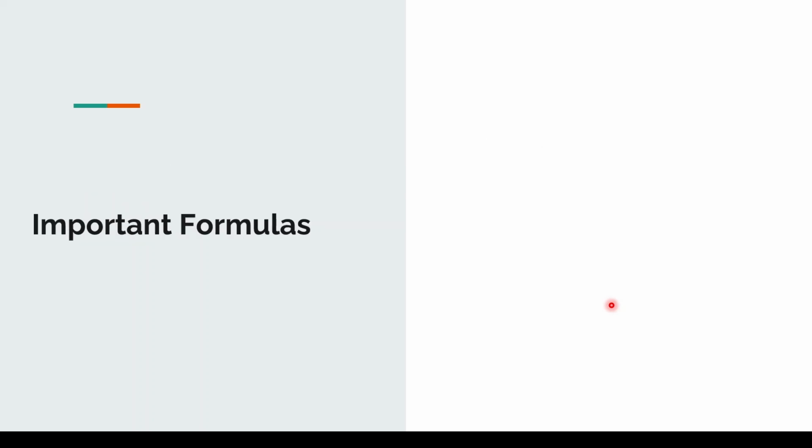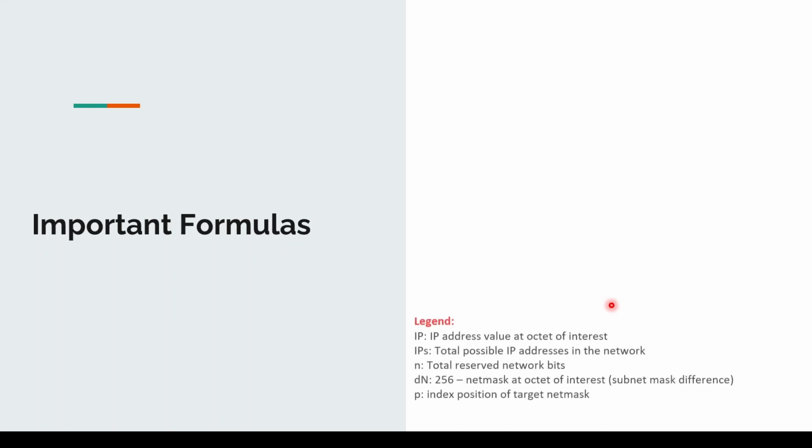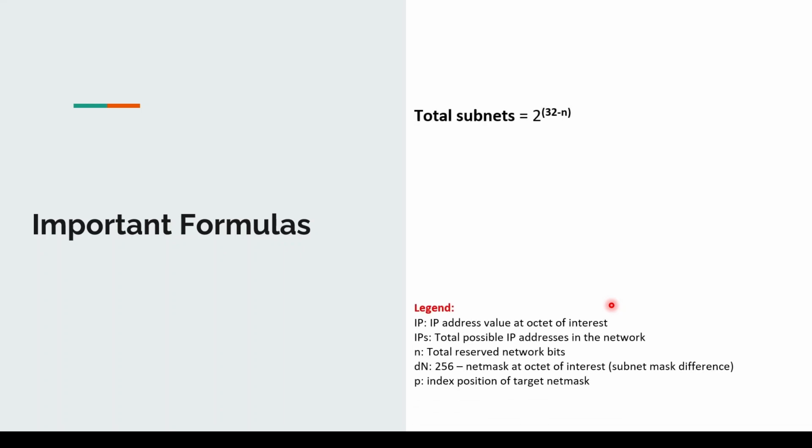Now, before we get into the calculations and the tricks in this subject, I would like to show a few formulas that we'll be utilizing throughout this video. So we have the total subnets. This is the same as the total possible IP addresses on a particular network, and it is calculated using the formula of 2 raised to the power of 32 minus n. We are using 32 here because IPv4 is a 32-bit architecture.